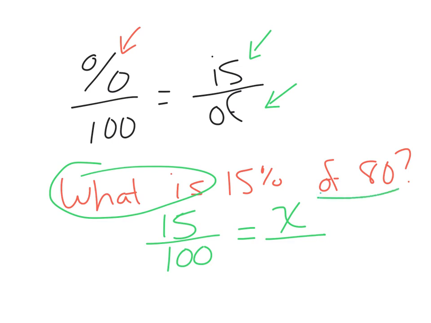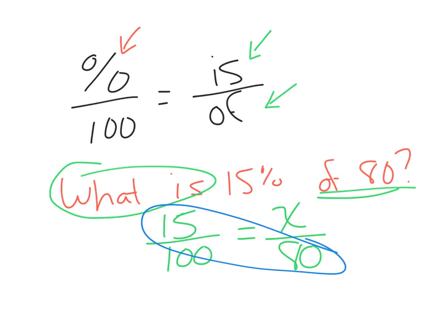And then it even told me of 80. So 80 is going to be what goes in that of position there. And so just like all proportions, we find where x is. Since x is up here in the upper right, I'm going to multiply 15 times 80 first. 15 times 80 is 1,200. And then take that and divide by 100, that last number there. So 1,200 divided by 100, x is equal to 12. So we get 12 in that case.